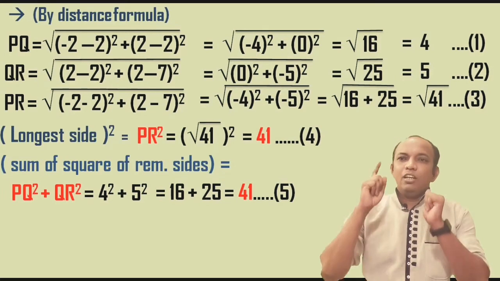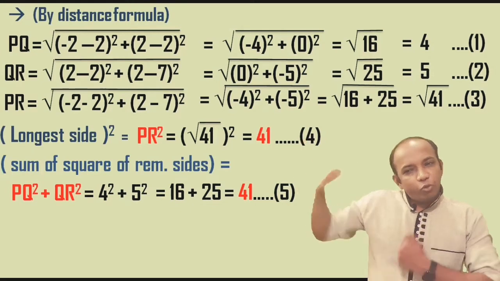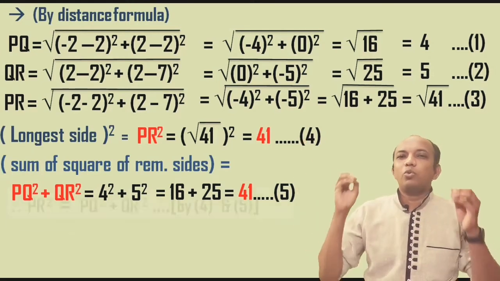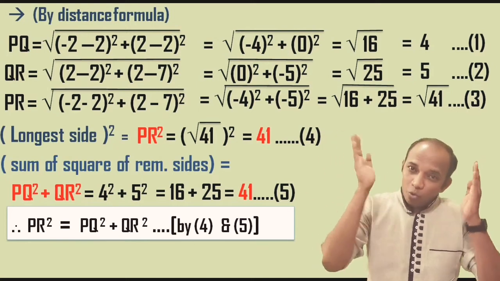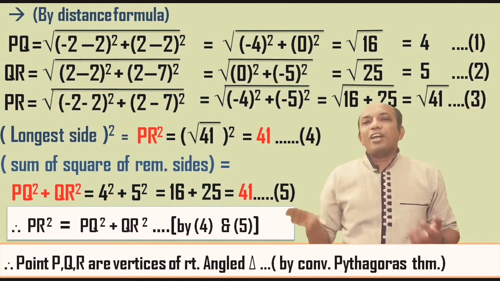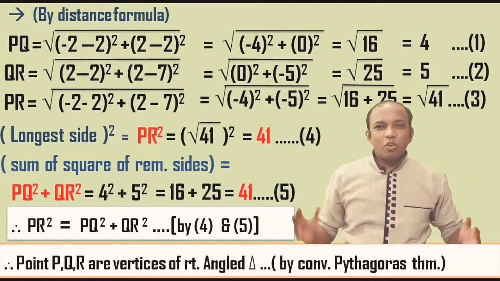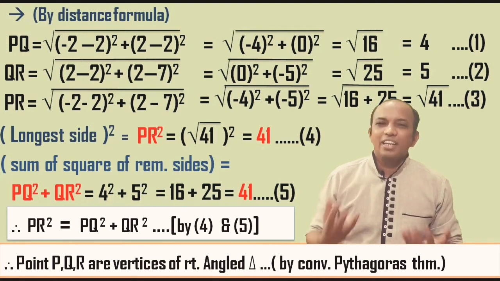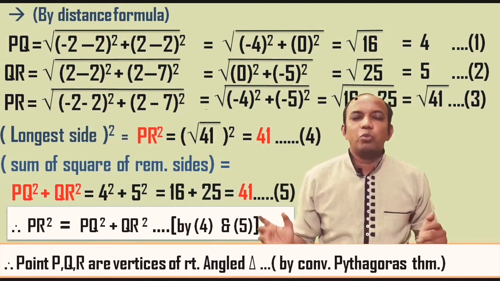Isn't it right? Yes. So we can say, number 5, by 4 and 5, PR square is equal to PQ square plus QR square, and by the converse of the Pythagoras theorem, I can now state that these points P, Q and R are the vertices of a right angle triangle, because we found the longer side square is equal to the sum of squares of the remaining two sides. Go with the fifth sum on the board.